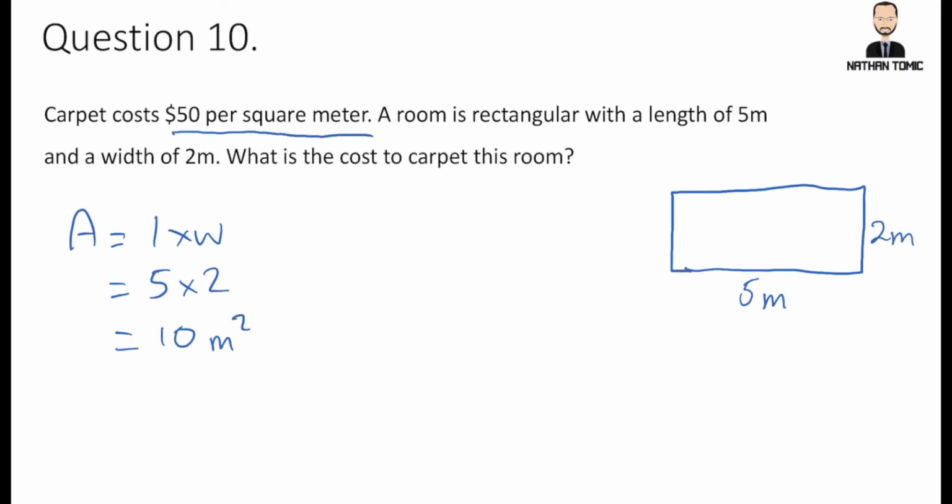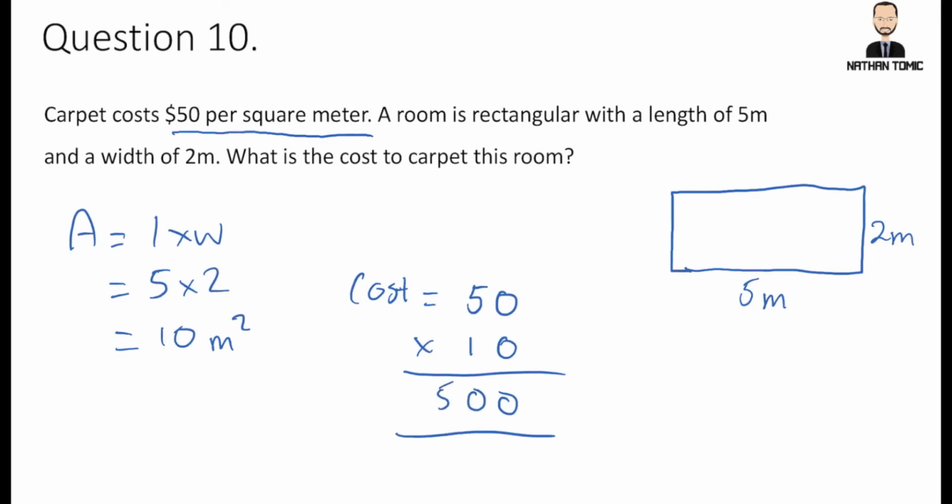So we have 10 square metres, so our cost is going to be equal to the amount per square metre, which is $50, multiplied by how many square metres we have. So of course that's going to be 500.